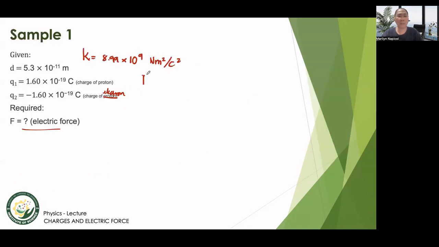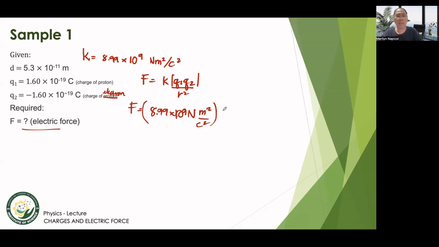Okay, so F is equal to K, Q sub 1, Q sub 2 over R squared. Ito po ay naka-absolute value. Okay, so if we will substitute this is equal to K natin. So 8.99 times 10 raised to 9 Newton square meter per Coulomb squared. Okay.